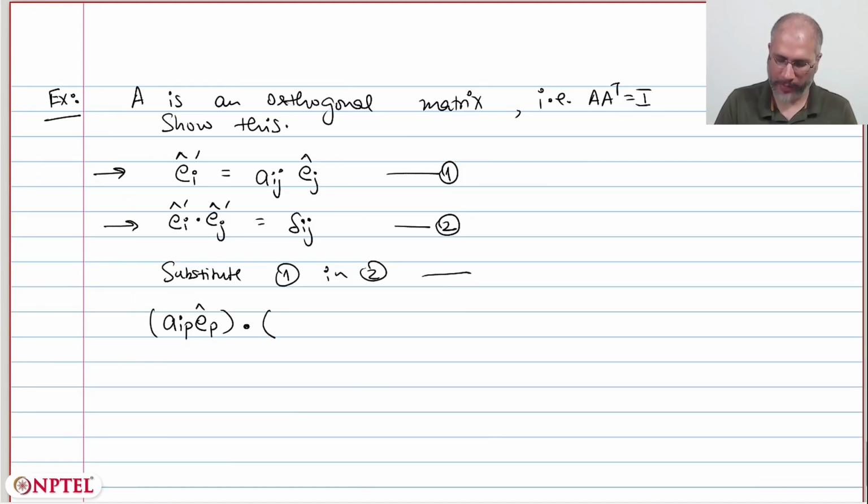Dot. Now we have an ej prime in expression 2, which we'll replace with Ajq eq. On the right hand side is still delta ij. Now we know that these are simply scalar components, so they can move to the left. So we have an Aip times Ajq. Then we have a dot between ep and eq, which is simply delta pq.